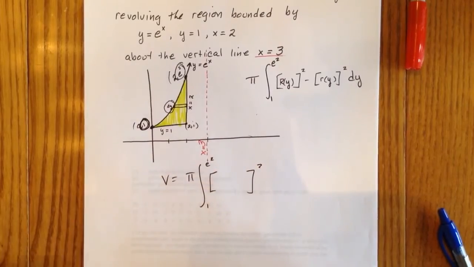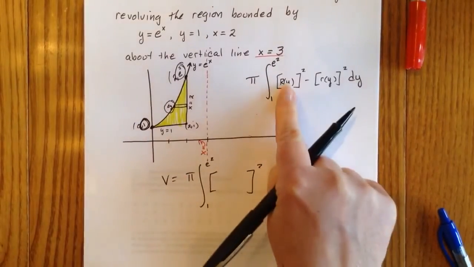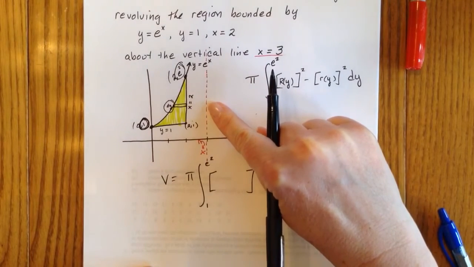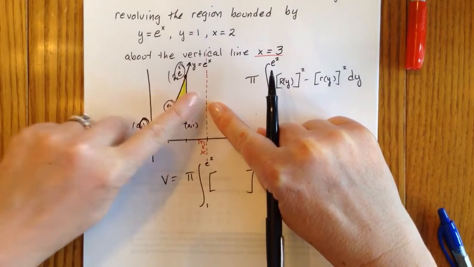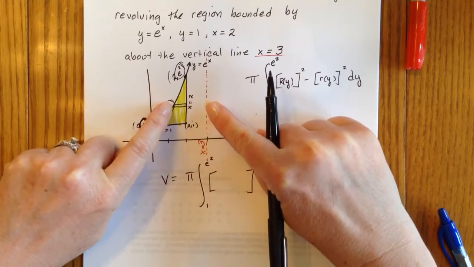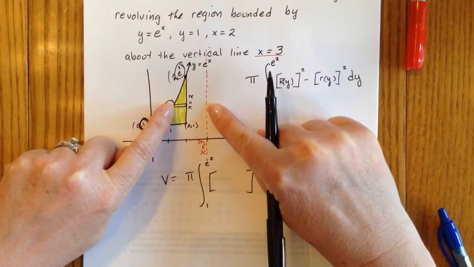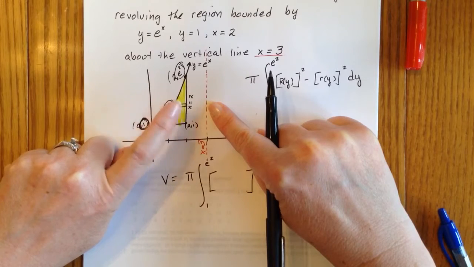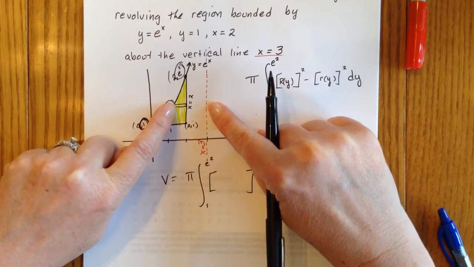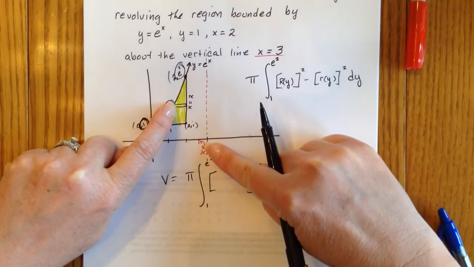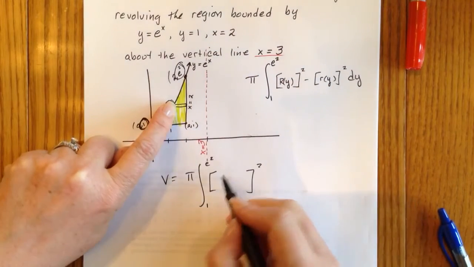For our outer radius, just like before, put your finger on the axis of revolution. Put your other finger on the rectangle as far away as you can go. In the past, we did top minus bottom. Now, we're going to do right minus left. My right finger is sitting on the axis of revolution, x equals 3.